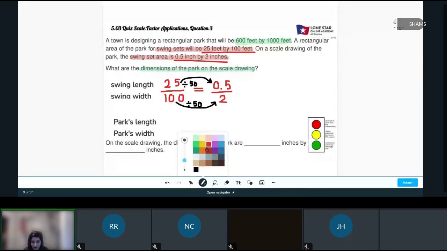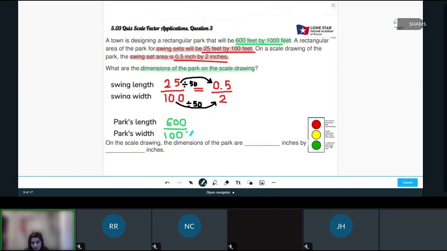Now when we look at the park, it is 600 by 1,000. So we can say the park is going to be 600 units to 1,000 units, length to width, right? 600 to 1,000.